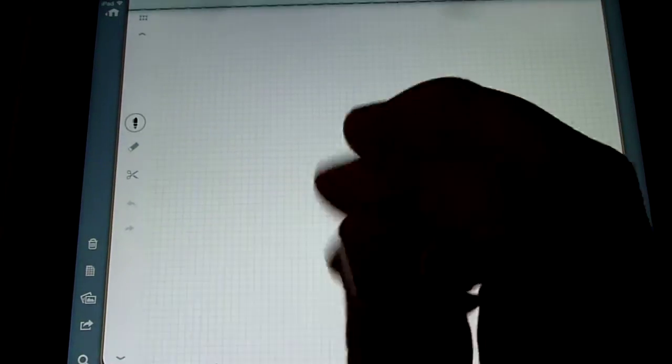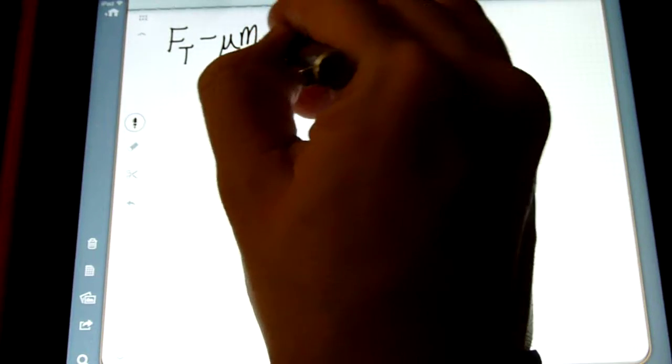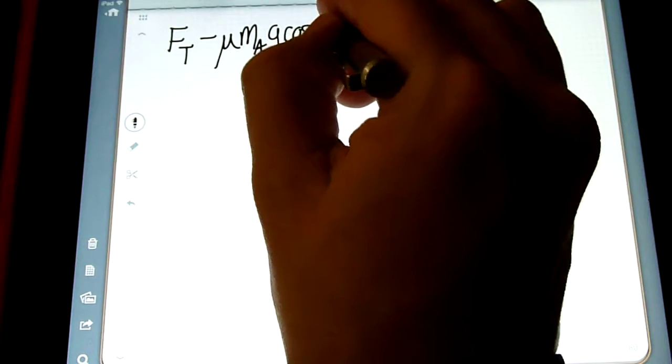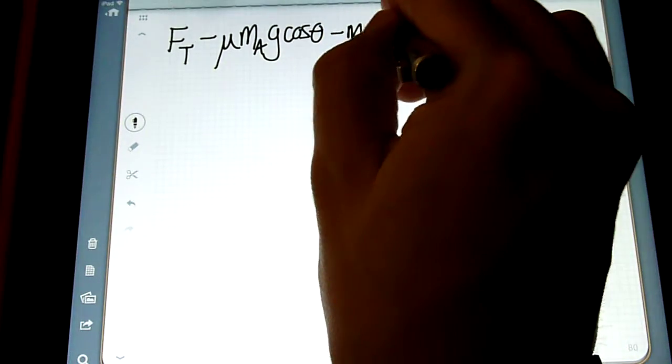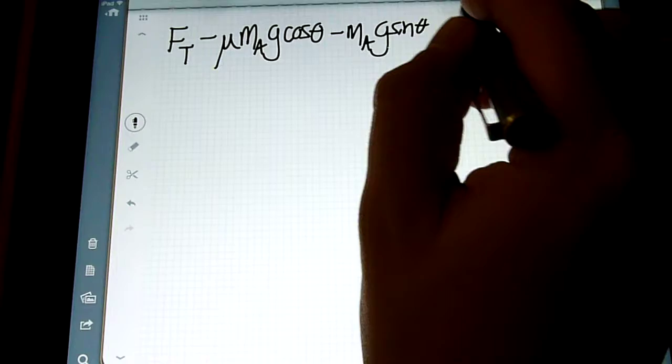I'm going to go all the way on a brand new piece of paper because I know I'm going to need the room. So let's first copy down that expression that we had for block A: F_T minus mu times the mass of block A times g times cosine of theta minus the mass of block A times g times sine of theta.